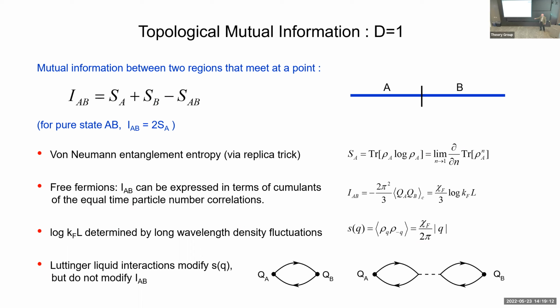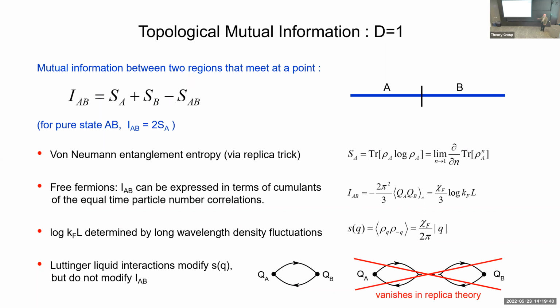I mean, you're calculating some bubble diagram like this. There's going to be a correction that looks like this. Okay, but we also know that in a one-dimensional Luttinger liquid, C is equal to 1, no matter what K is, no matter what the interactions are. Okay, and so it's instructive to understand how in this calculation the interactions don't matter.